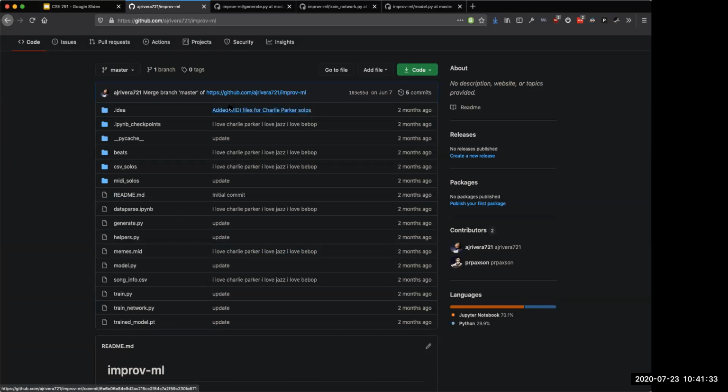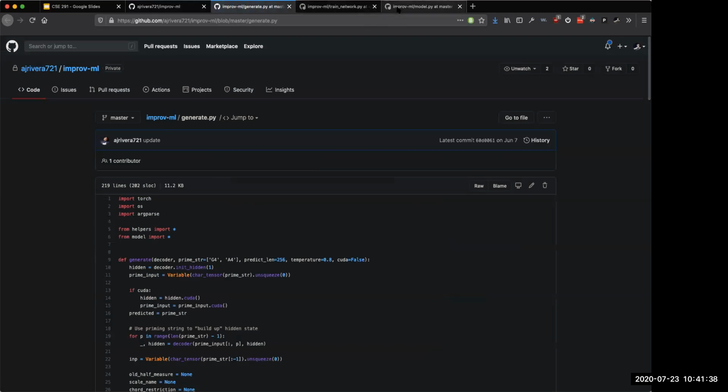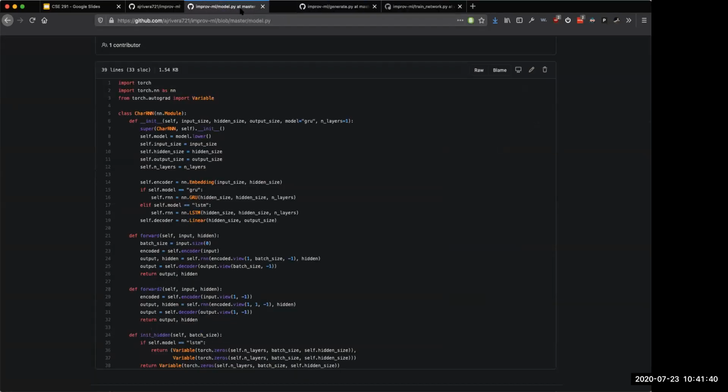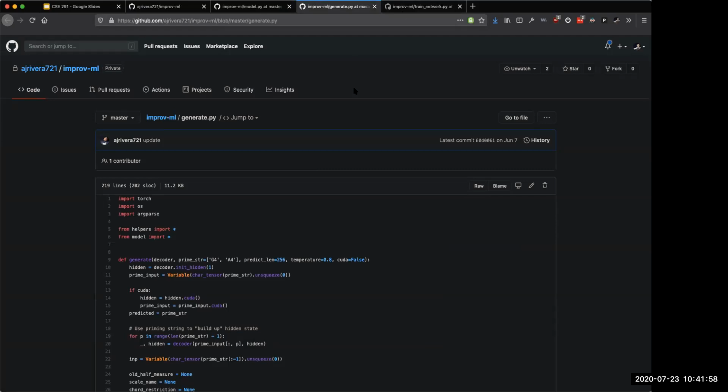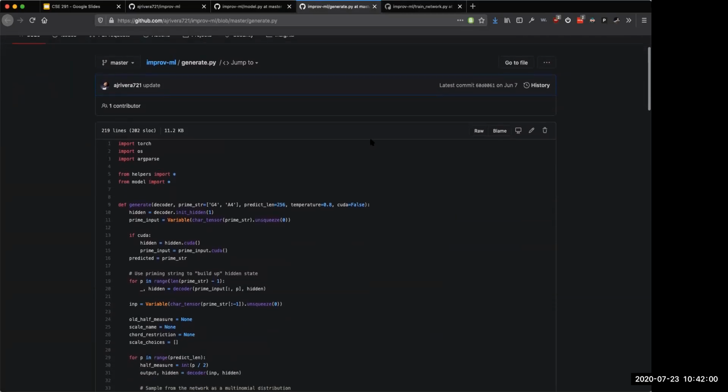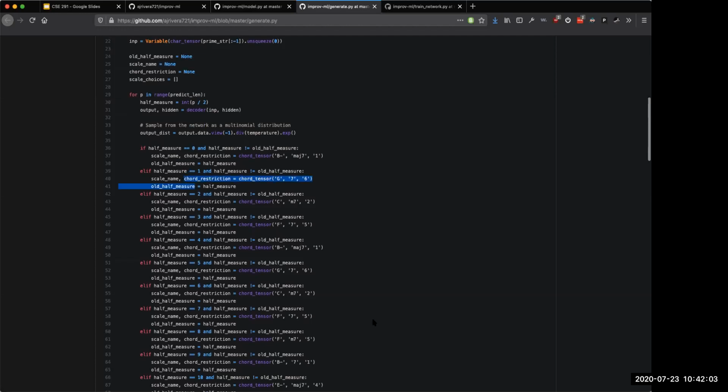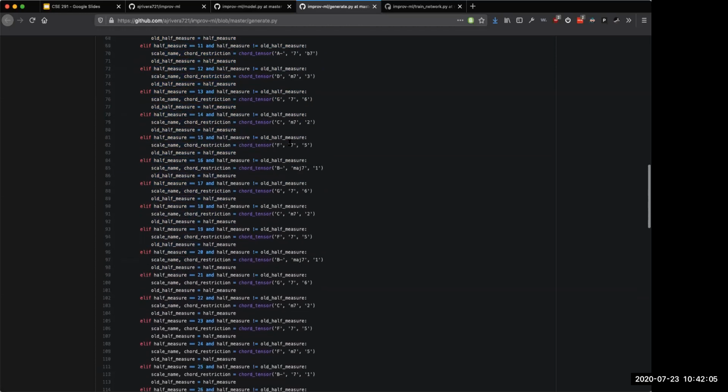So this is our GitHub repo. The most interesting 3 files here, I think, are the model definition. Basically, this is the initialization and our custom definitions for the forward pass of running through the model. And then we also have our generation file, which would take the trained model, and you can see here we have all of the rhythm changes defined.